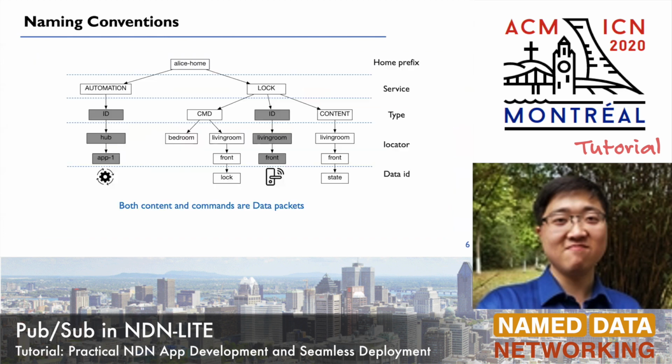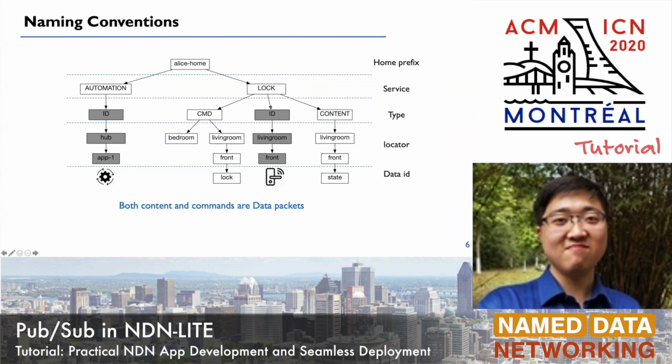The overall namespace we are using is like this. Imagine you are running a smart home. The root prefix of the name tree is the address home. Beneath this home prefix, you can have home services. So you can have an automation application under the automation service, and you can have a lock home service.